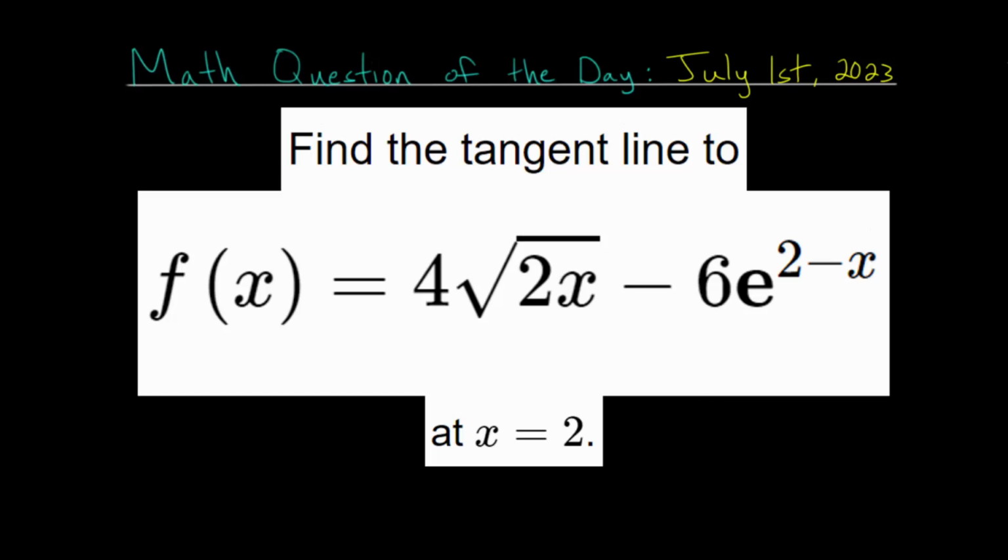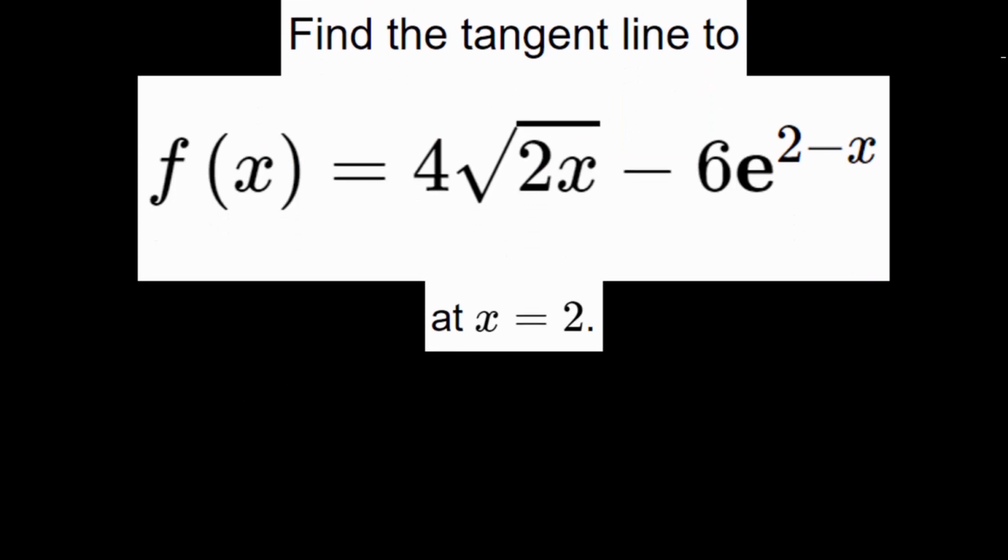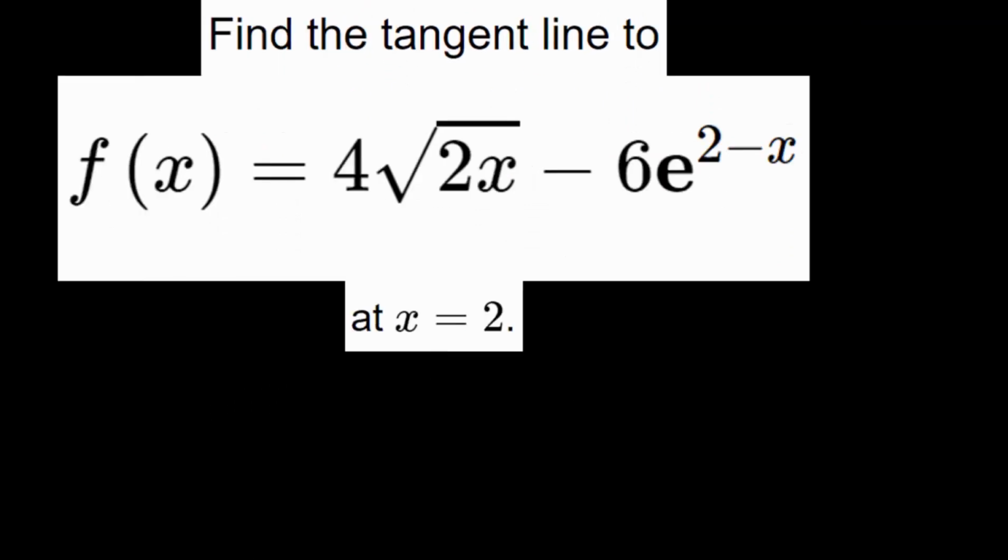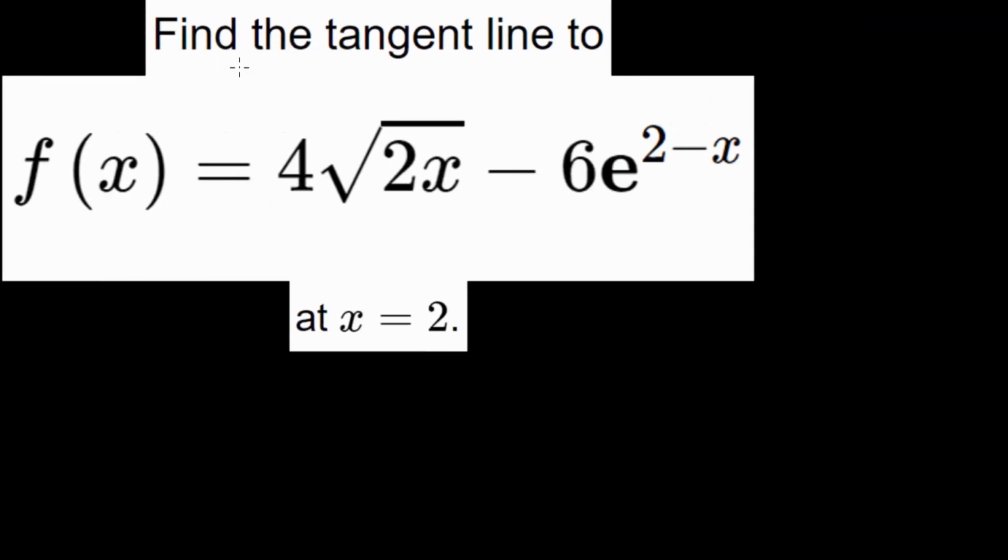Now, assuming that you have attempted the problem, let's start working through this. Finding tangent lines to functions at specific points involves finding the derivative of the function. Let's say we have some random function, which we can call g of x.